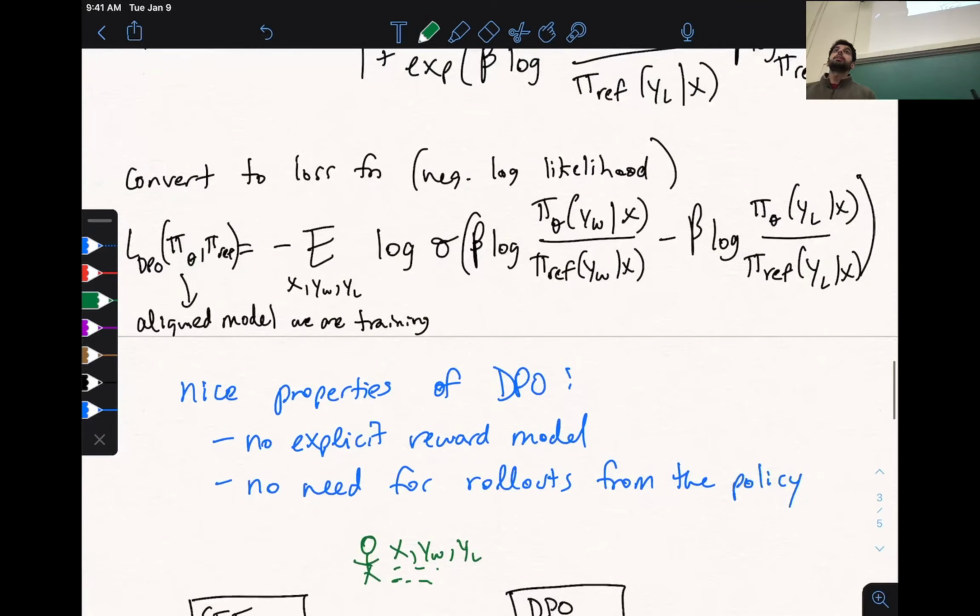Here, you mean in the DPO loss? Yeah. So you can compute the probability of y_w, right? The preferred output given the prompt. You can compute that probability under 2 different models. So one is the reference policy, which we already have, right? The SFT model. The other is the model that I'm currently fine-tuning.